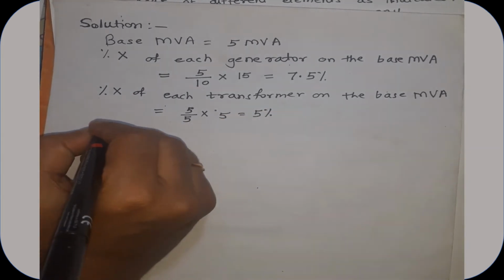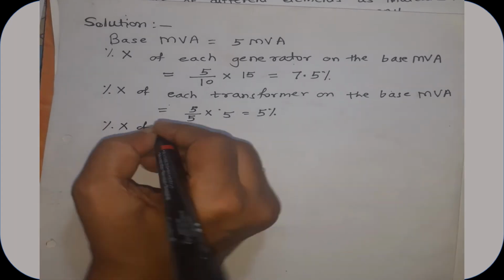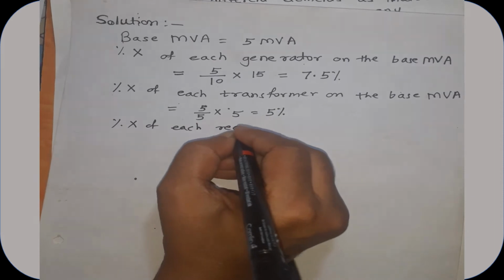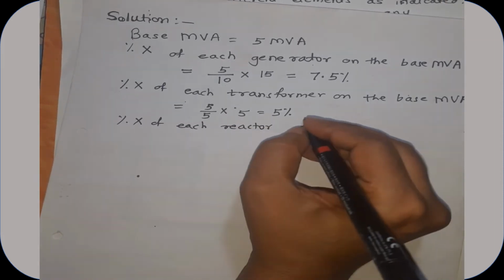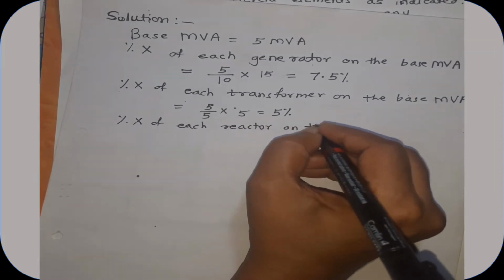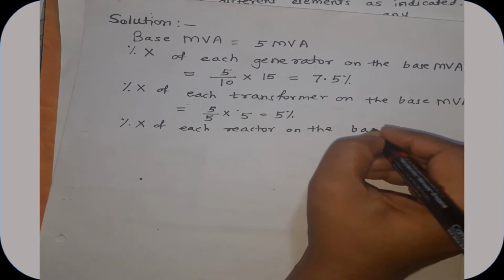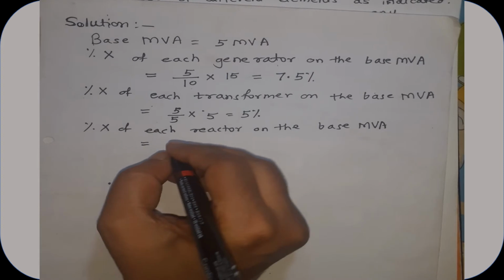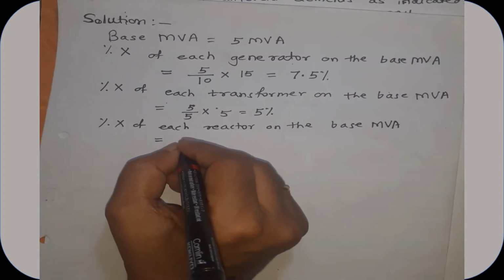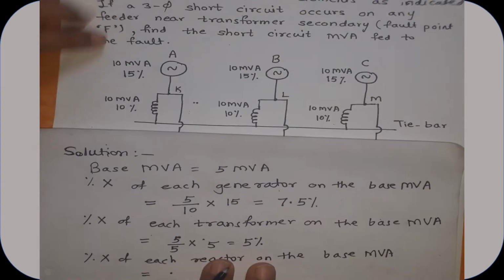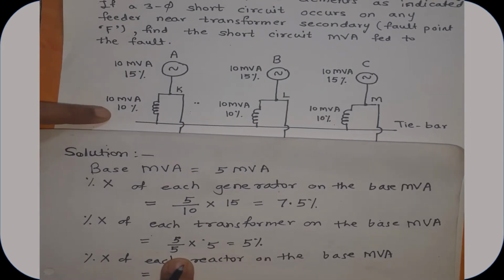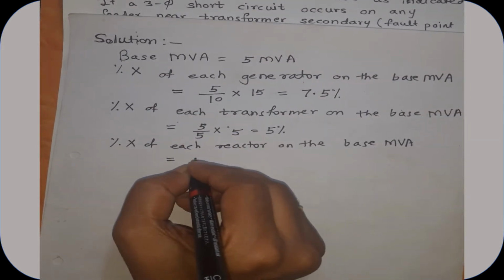Similarly, the percentage reactance of each reactor on the base MVA is equal to base MVA 5, rated MVA 10 and rated percentage reactance 10.